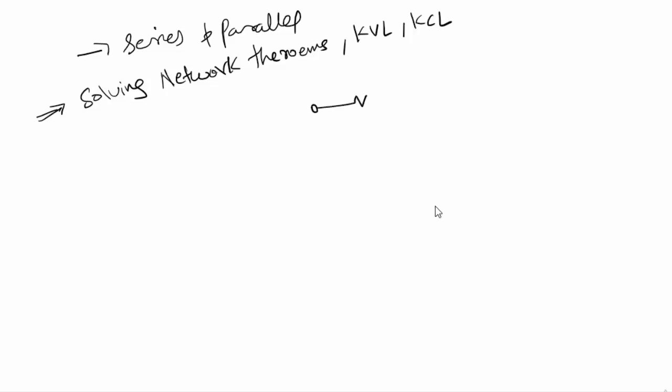So this is the symbol of a resistor. So this is how you can represent a resistor, and usually the battery is represented in this way, which could be a DC source, and this is the higher potential side and this is the lower potential side of the battery.